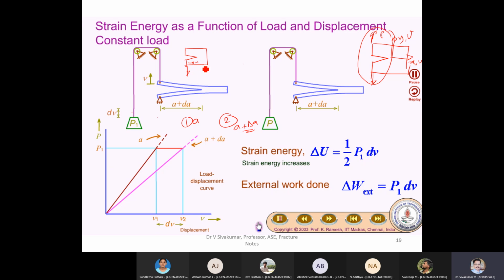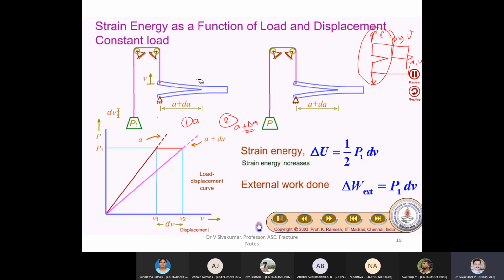So this is A. Another, same thing, this is A plus delta A. Otherwise, same test only. I hope you understood. Two specimens, same material, same boundary condition, same load.